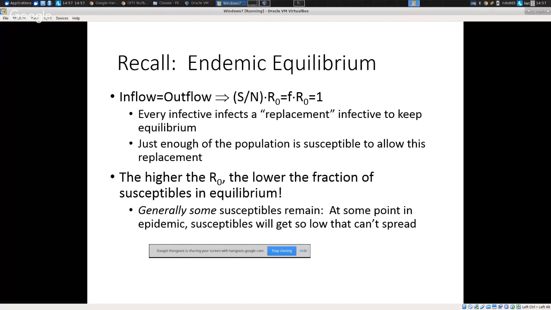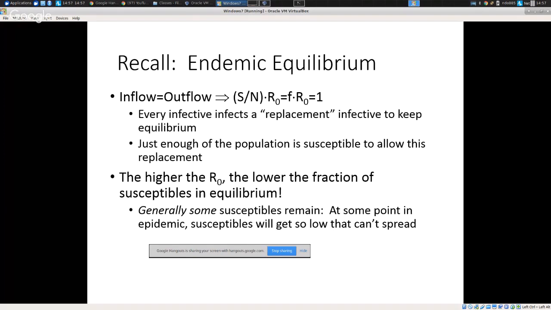If R0 is 10, you need the fraction of susceptibles to be less than 10%, which implies we need what fraction vaccinated? 90% of the population vaccinated.